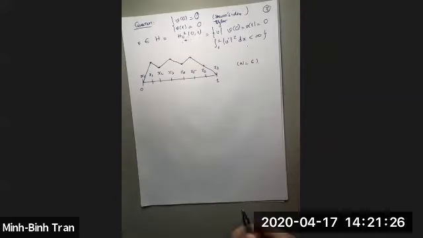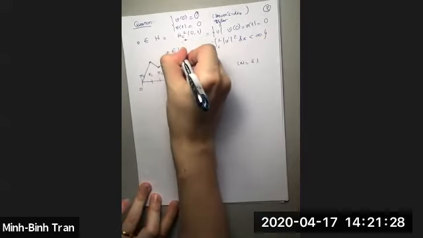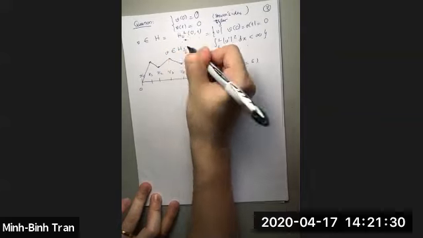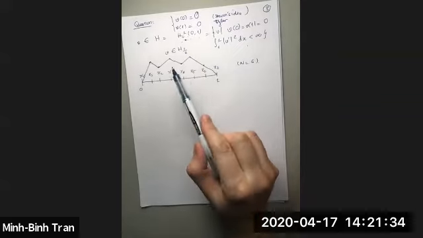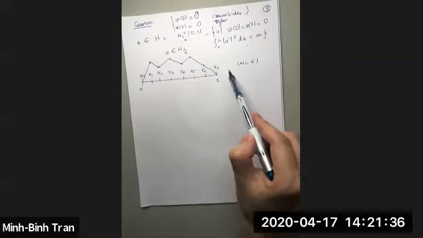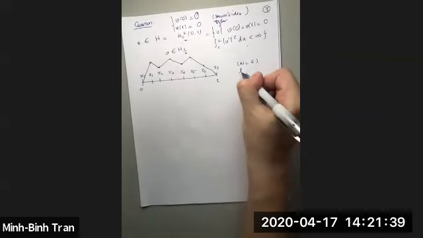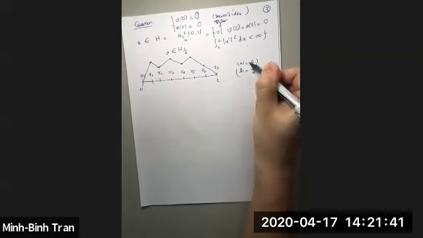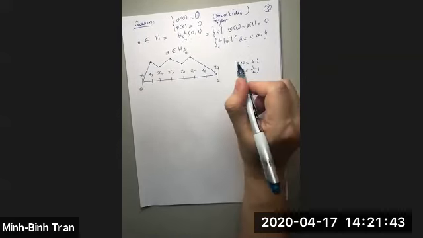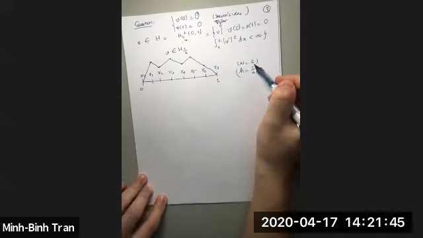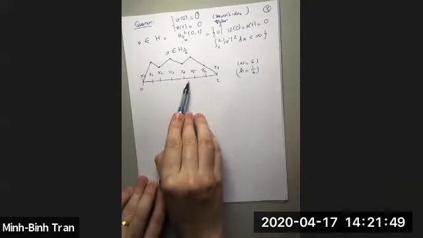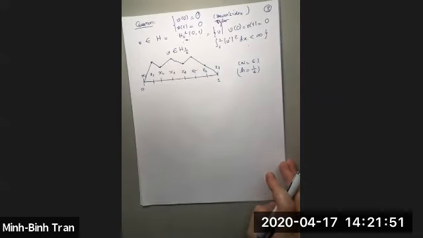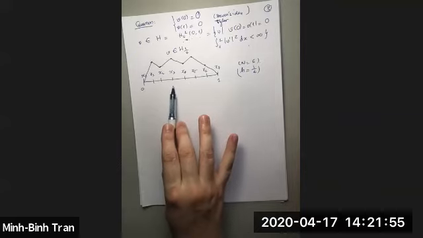So this is a v in H with h equal to 1/7, meaning that n is equal to 6, which means you have 7 intervals.